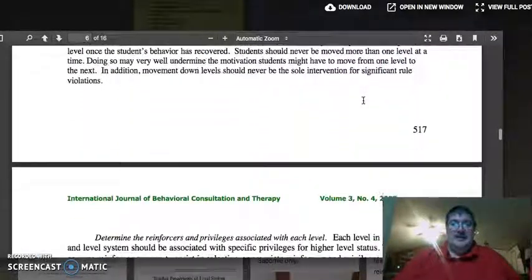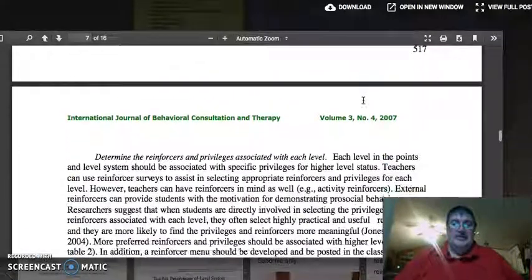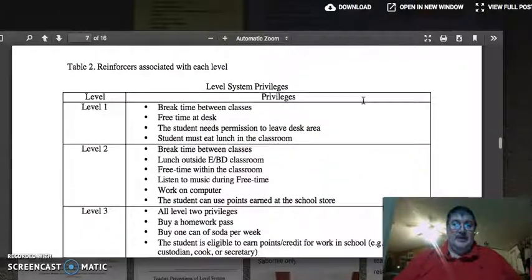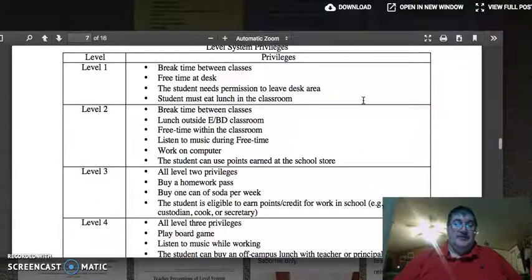It goes on to tell you how to determine your points, how to set up your rewards, and then it gives you the 4 levels that you can use. You can increase the levels, you can decrease the levels, but they just kind of use a random 4-level system, as most of them seem to do, and it gives you the privileges that they can earn in each level.